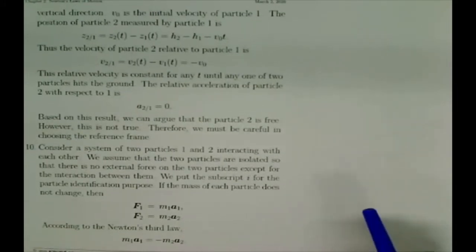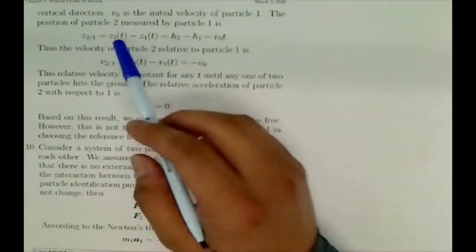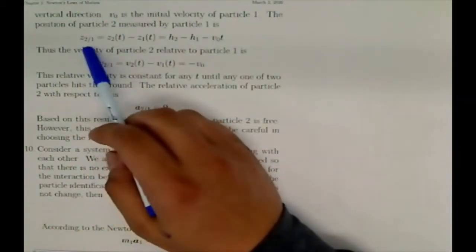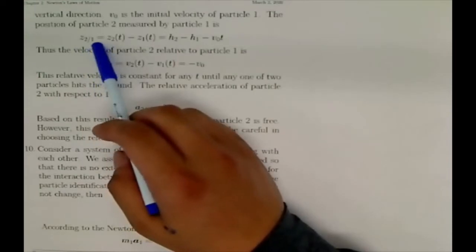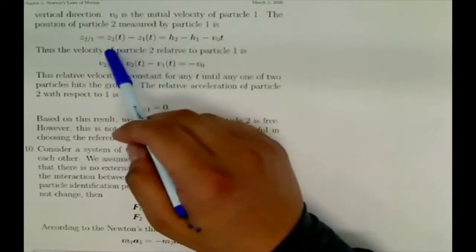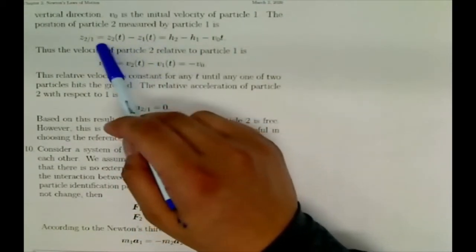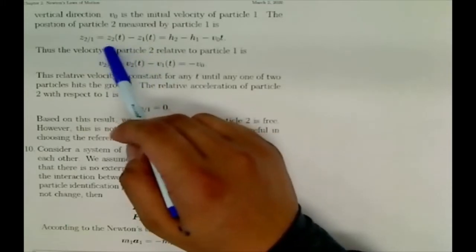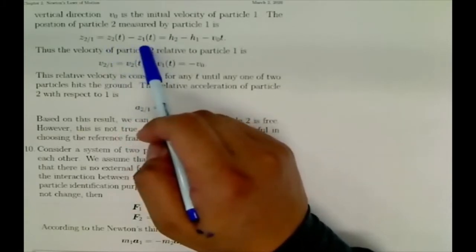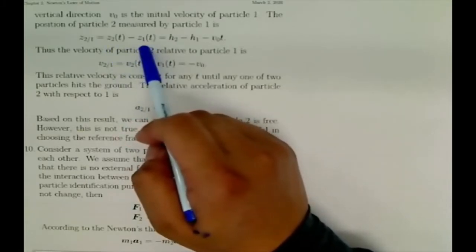From the previous relation, we can compute the displacement of particle 2 measured with respect to particle 1. This z2 over 1 means z2 minus z1. That means the relative displacement of z2 with respect to z1. As we know, both particle 1 and particle 2 are accelerating downward.